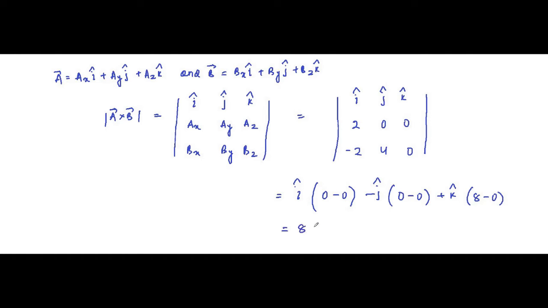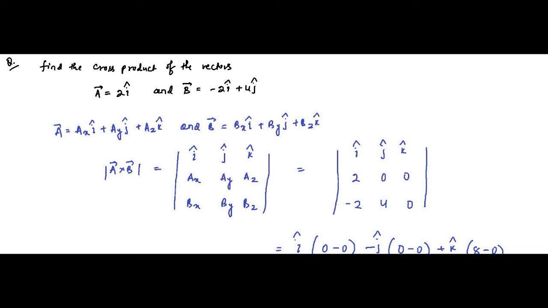So the resultant vector is 8k cap. So the cross product or vector product of these two vectors is 8k cap. A vector cross B vector, this.